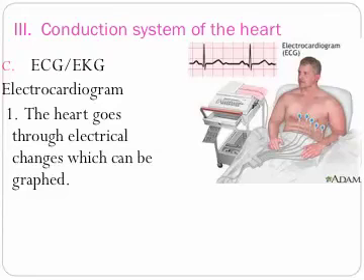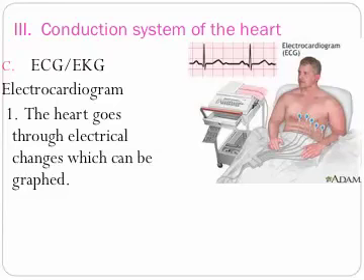Some electrodes can go on the arm and leg, and you can pick up an electrical signal too. You've probably seen the little wave pattern of the electrocardiogram on TV. It can be printed out or displayed on a monitor. And basically it's a graph.